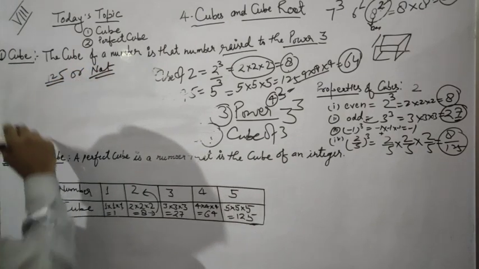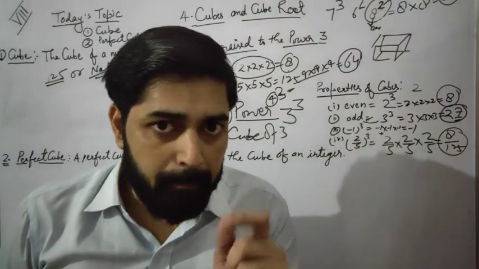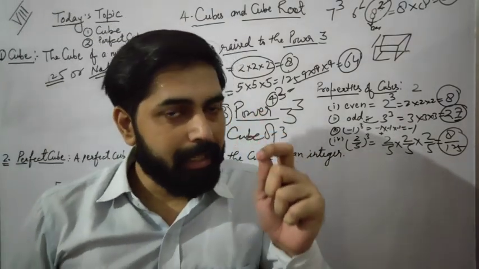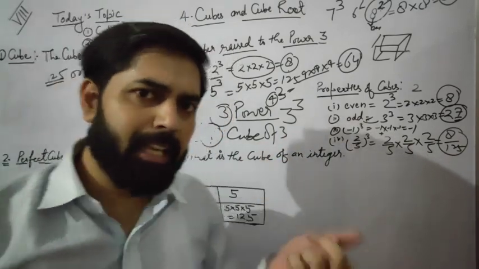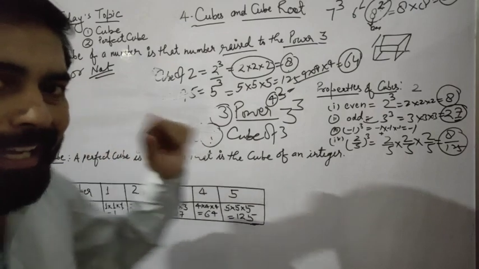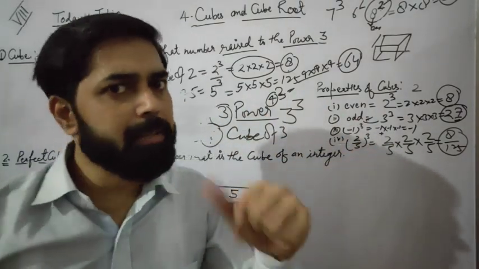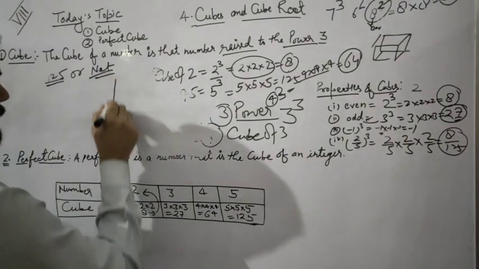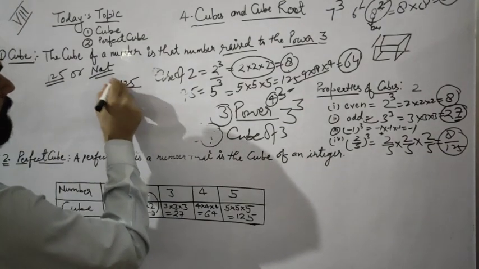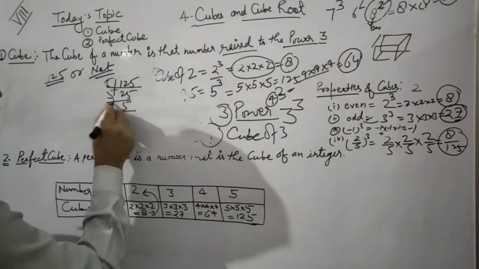We can examine by the prime factorization method, because we also examine squares by prime factorization method. हम एग्जामिन वहां भी करते थे, स्क्वायर में भी प्राइम फैक्टराइजेशन मेथड से, हम यहां भी करेंगे. 125 प्राइम फैक्टराइजेशन मेथड: 25, 5, 25, 5, 5, 5, 1.